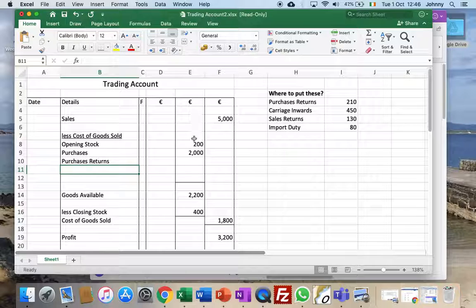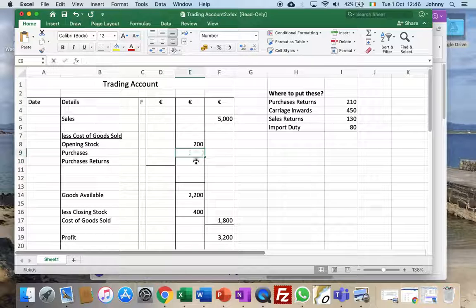So this is where we're using our columns. Remember here we had sales less cost equals profit, and then we moved into the middle column, the left-hand column, to do the calculations to work out cost of goods sold. Now similarly, I need to change my purchases figure, so I'm going to move one column to the left. I'm going to do the maths there, and I'm going to put the answer for the real purchase figure in here.